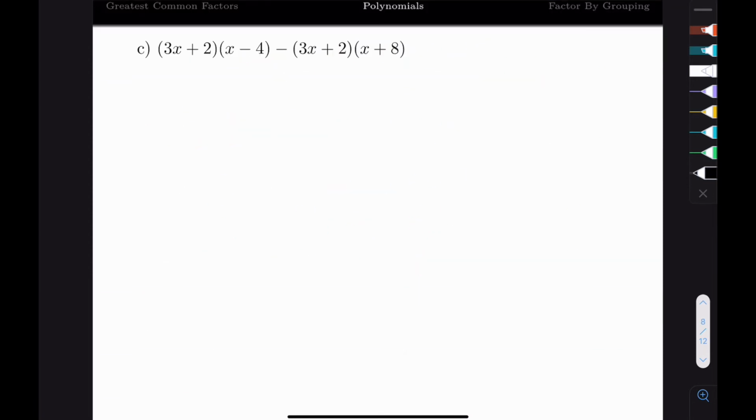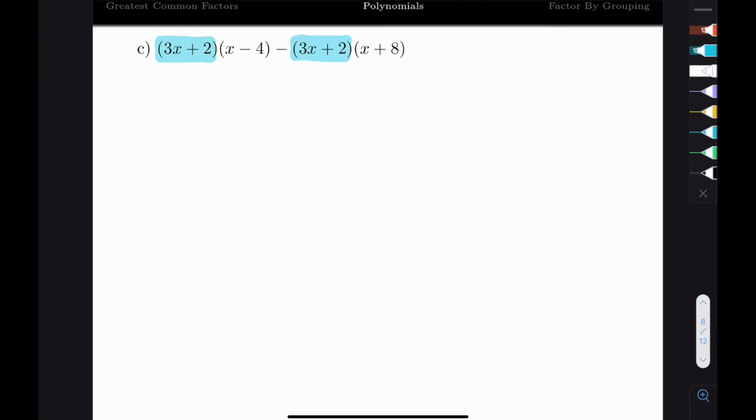Let's try one more, and we'll make this one even more complicated. We've got some gross expressions. So we have 3x plus 2 times x minus 4 minus 3x minus 2 times x plus 8. So really looking at these two pieces, they both have this expression in common.